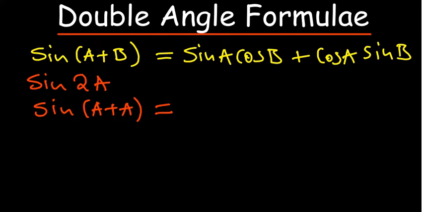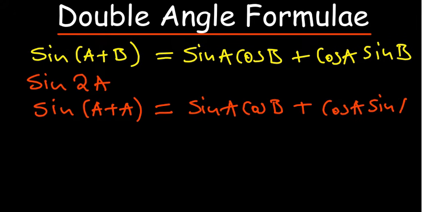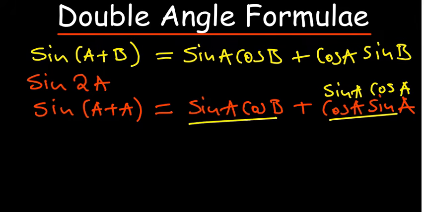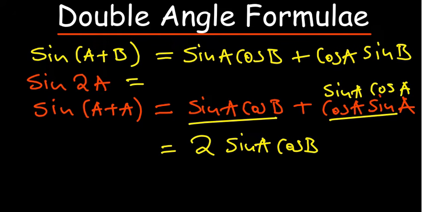Sine is fair, sine a, it will share the other a with cosine of a, and then of course cos a sine a. Since we have a's everywhere, I can change the order there. Multiplication doesn't care what you start with, so it's the same as sine a cosine a. So this and that are the same. So in short, you just have 2 sine a cosine a. Now this is the double angle formula.